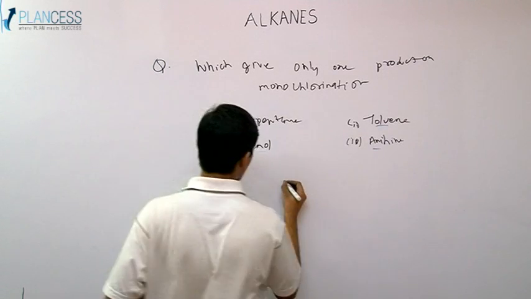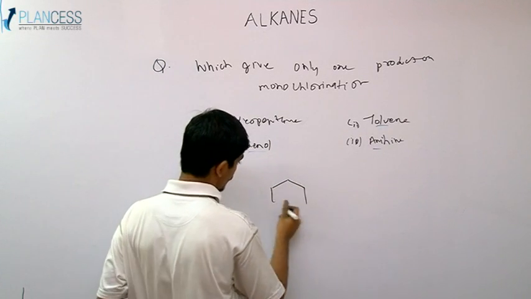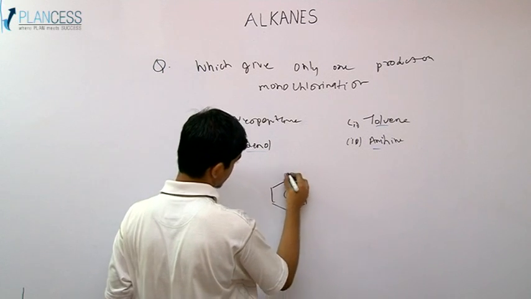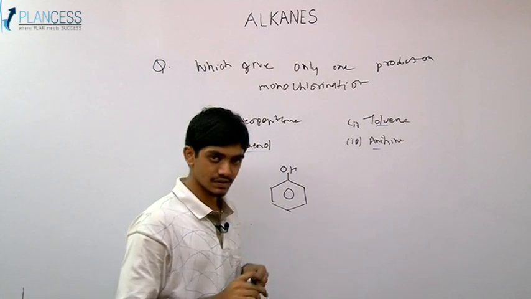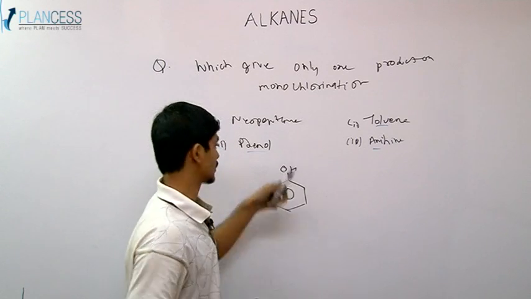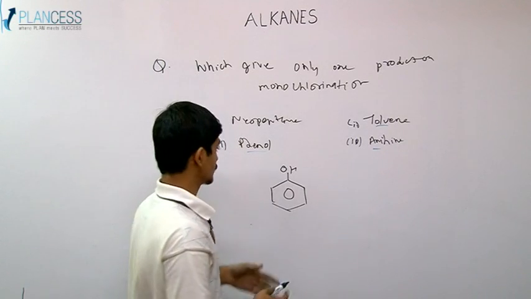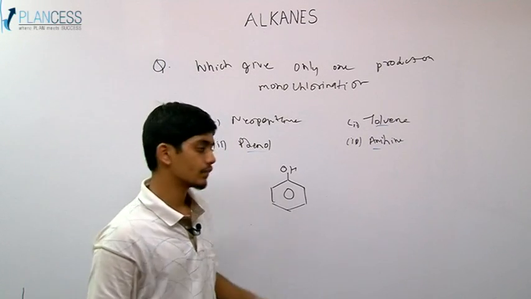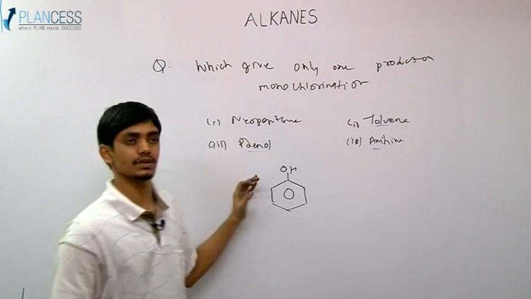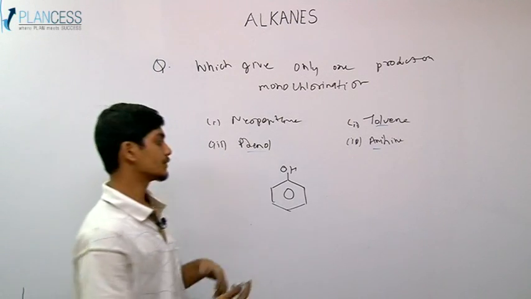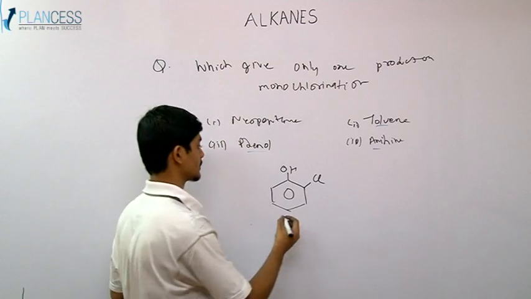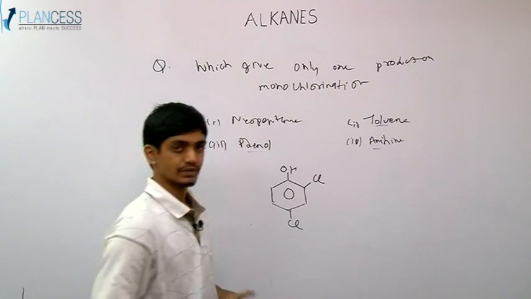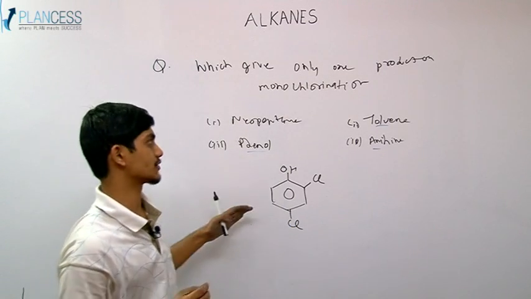If there is a phenol like this, then monochlorination of this can happen, like the chlorine can replace the OH. But the point is, we are not supposed to change the properties of the original compound. What we should do is probably something like this or something like this. So that will be the result of monochlorination.